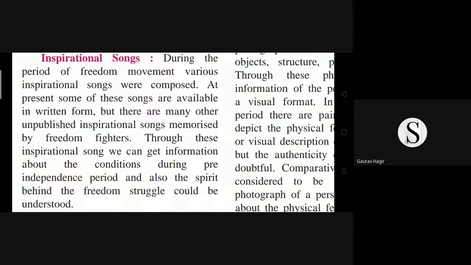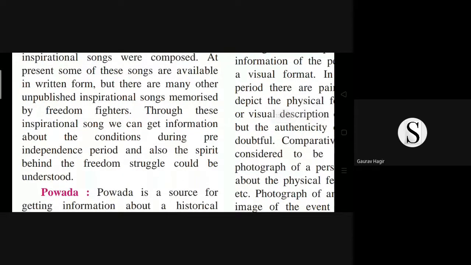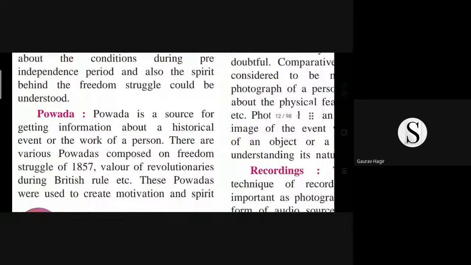At present, some of these songs are available in the written form, but there are many other unpublished inspirational songs memorized by the freedom fighters. Through these inspirational songs, we can get information about the conditions during the pre-independence period and also the spirit behind the freedom struggle could be understood.